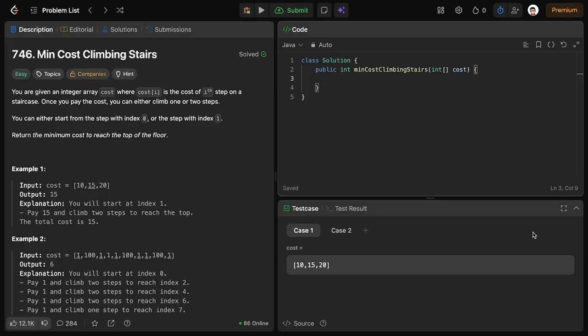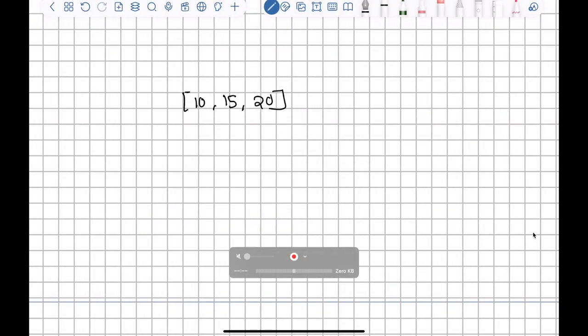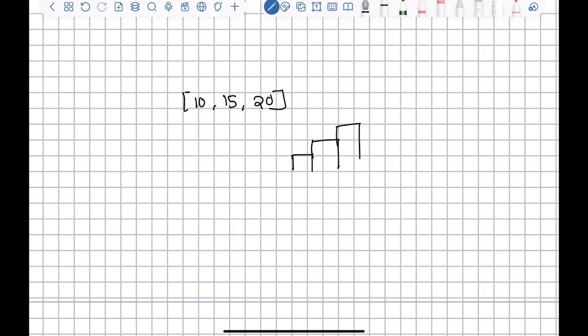Return the minimum cost to reach the top of the floor. The example given here is 10, 15, and 20. That means I have some steps and I want to reach the top. The cost of taking these steps is 10, 15, and 20.